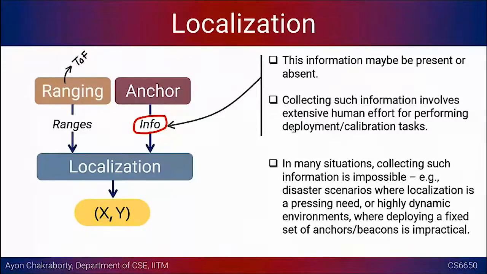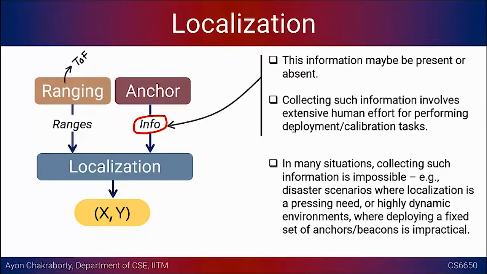You need to make sure, for example, that the geometric dilution of precision, the metric that we spoke about, is good. Wherever you are placing the anchors, you also want to make sure that the signal is reachable, and that there are not a lot of obstacles present near the anchor.